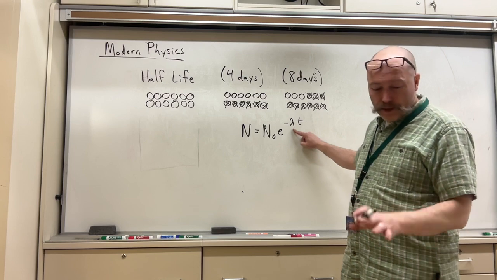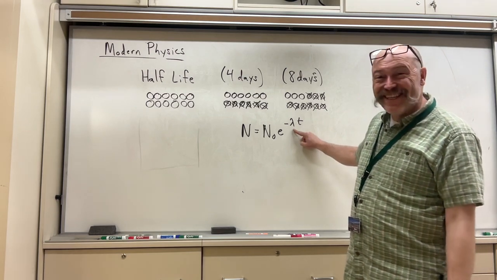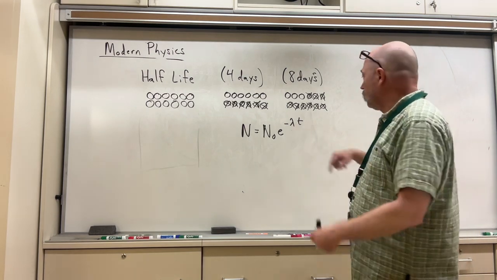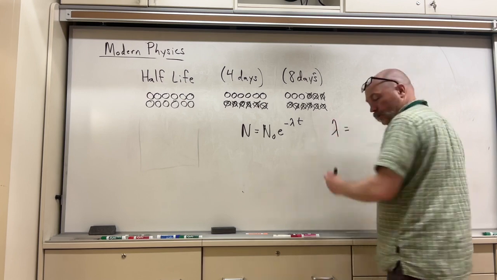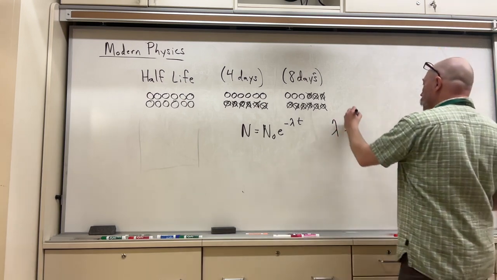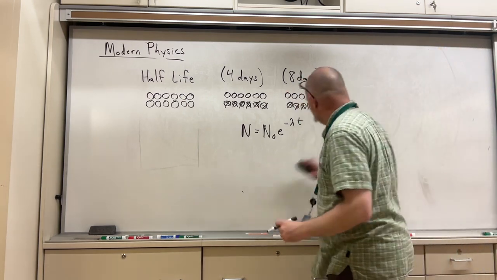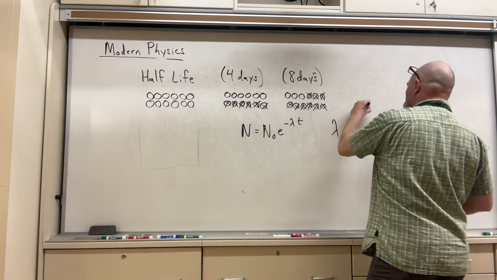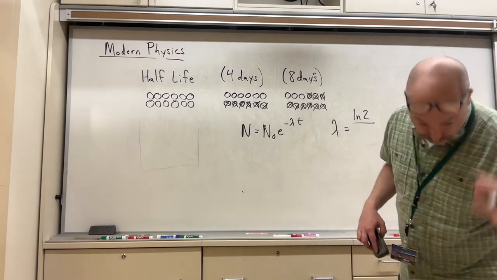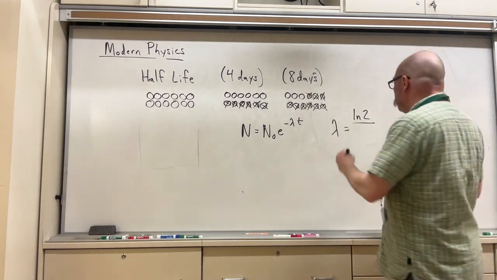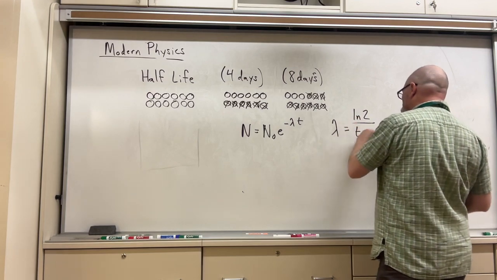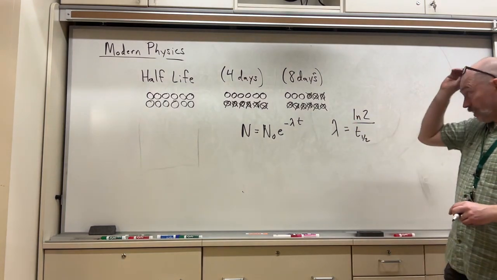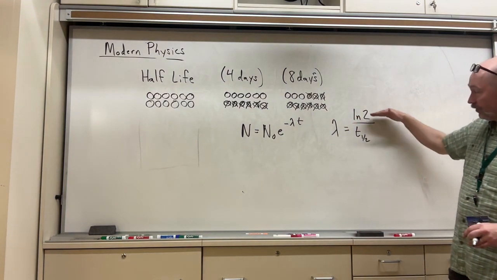I know it's confusing, but this is going to be our decay constant, which is also equal to the other equation, the natural log of 2 over the half-life. They write half-life like this.